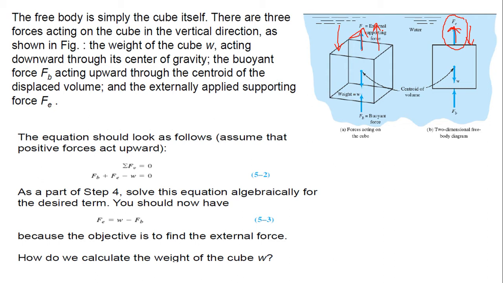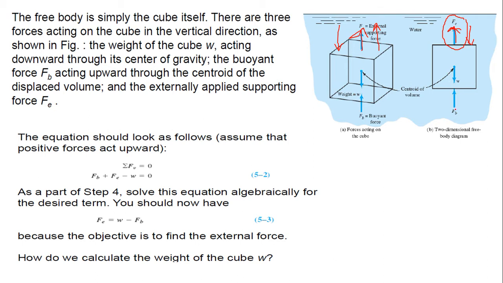In this FBD, you just draw in any direction, and when you calculate, the value will tell you whether the direction is true or not. So your assumption is the Fe goes up, and now we do the calculation and verify whether the direction is correct or incorrect.